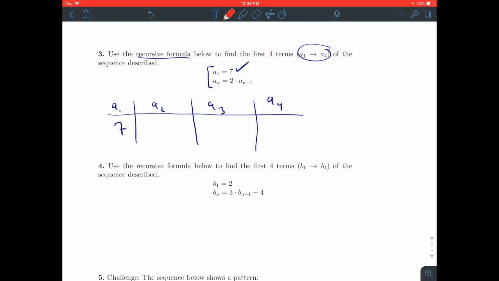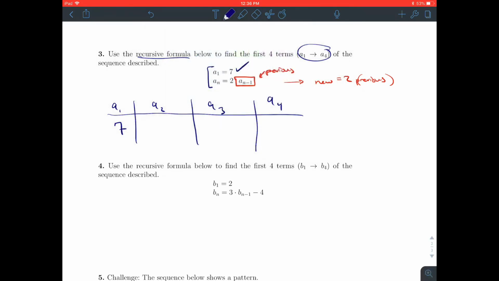Looking at the next formula might be initially confusing or challenging. But if you look at it, A sub n minus 1 means the term that came one before the one we're looking for, or in simpler words, the previous term. So our formula really is, to get the new one, we do 2 times the one that came before.